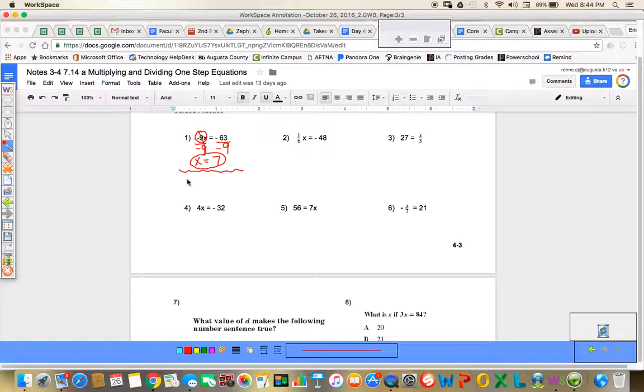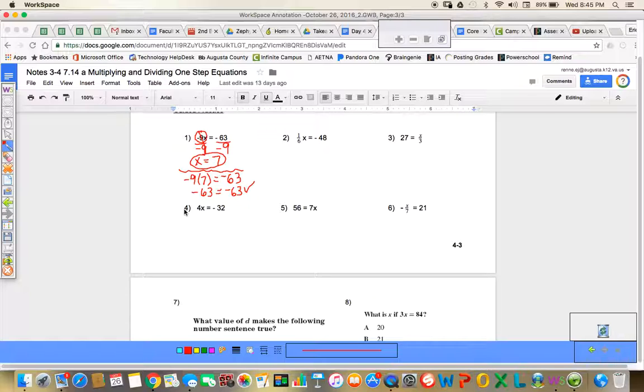So we have -9, and I'm going to multiply it by 7 because a number in front of a letter means to multiply. So -9 times 7 is -63. So now we see that both sides equal each other, so I know my answer of x equals 7 is correct.